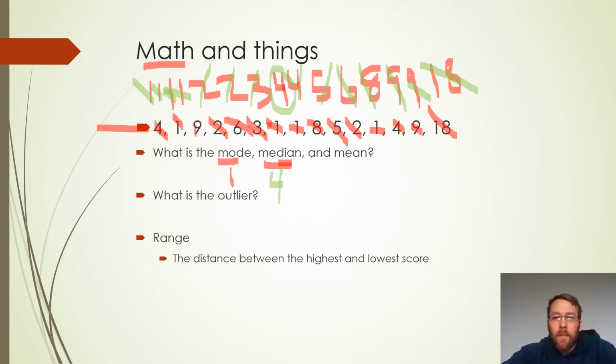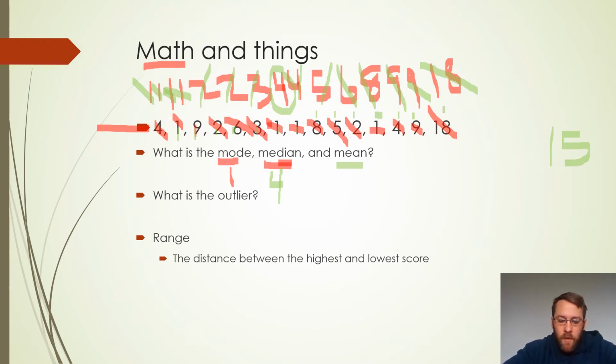And then finally, what is the mean? You add everything up and divide by the number of data points, and there are 15 points of data. So we're going to add all these numbers up.